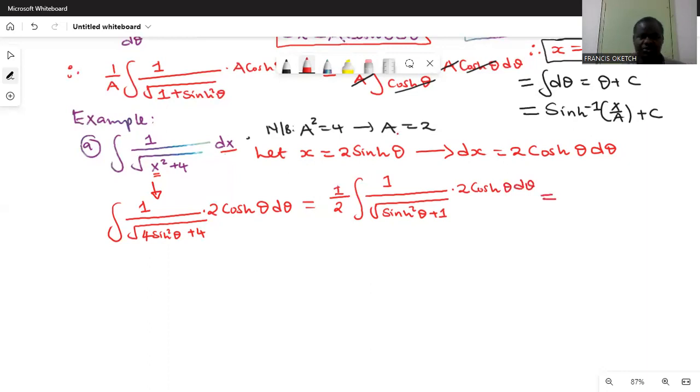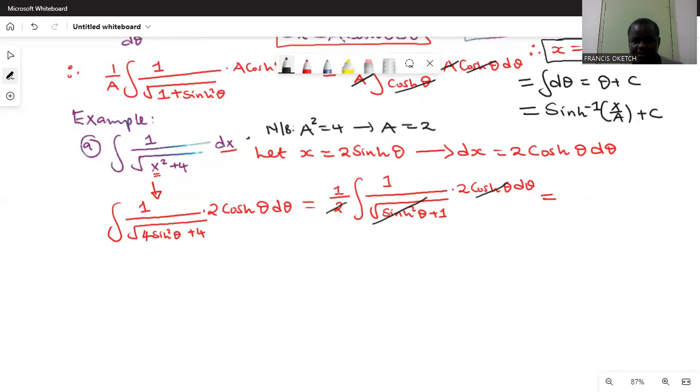Now let me ask you, what is sinh squared theta plus 1? Look at the identity. That is the same as cosh squared theta. And because it is under the square root, when you take the square root of cosh squared theta, that will give us cosh of theta. So the whole of this number under the square root is the same as cosh of theta.